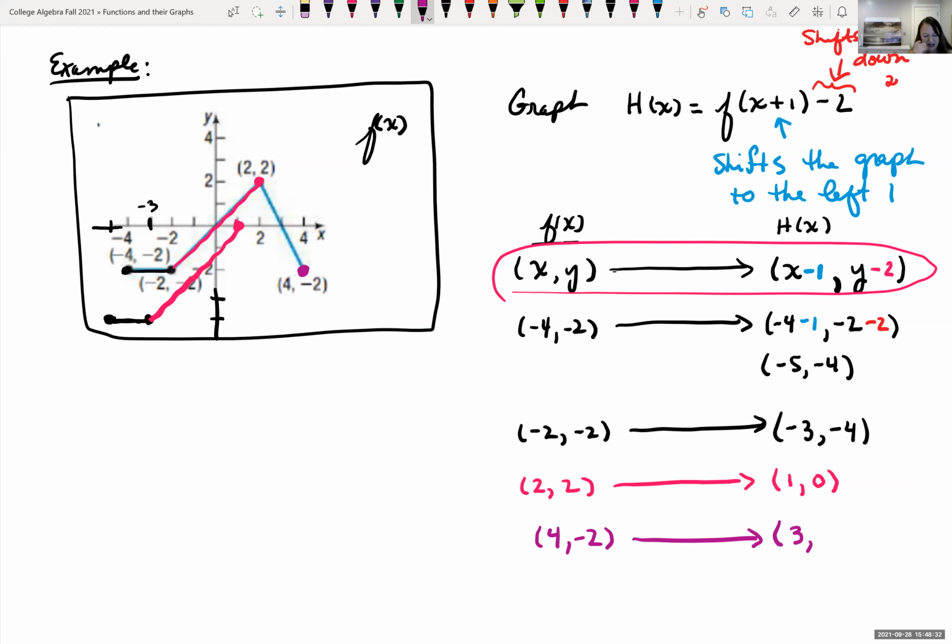So this is going to get me (3, -4), which is right here. So looking at this, we just graphed the given graph of f of x using our transformations.